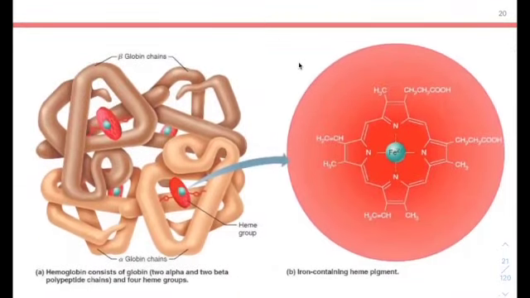You have alpha globin and beta globin chains that wrap around together. They have the heme group in the middle of each one of those. Each of those heme groups will bind oxygen. This is just the chemical formula of what it looks like.